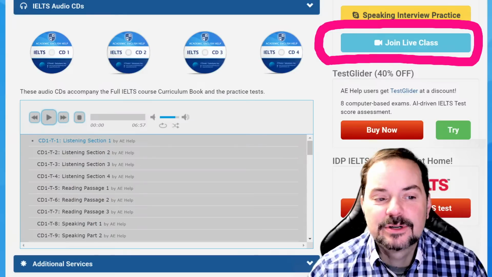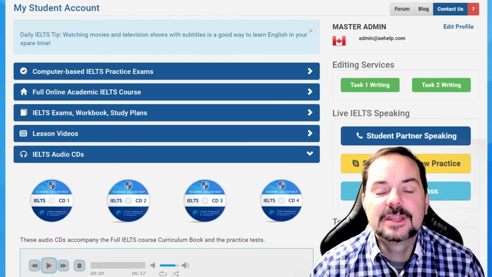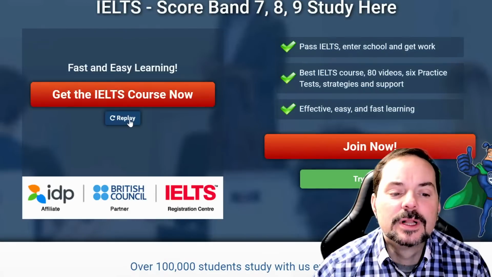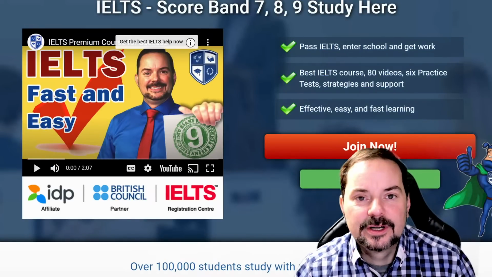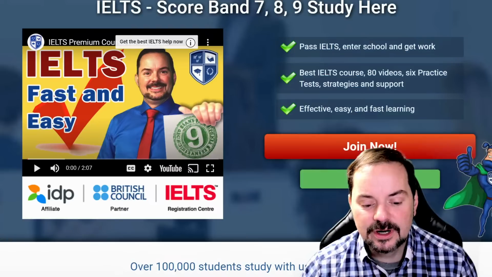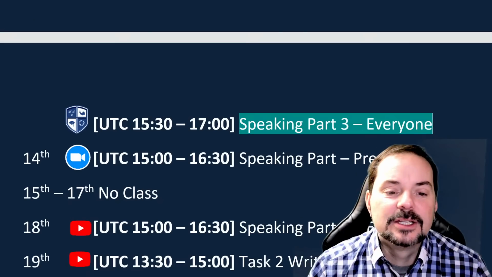That speaking part 3 will continue from this cue card. The part 2 cue card and the part 3 speaking are connected. They're related to each other.